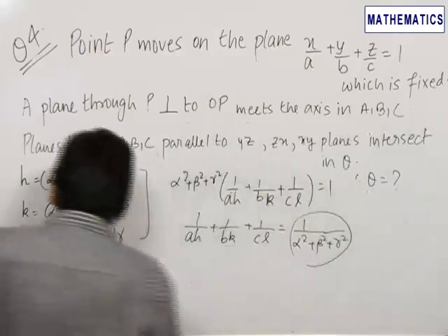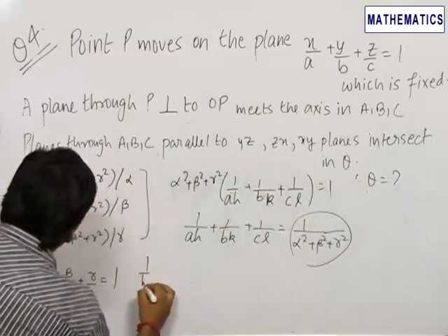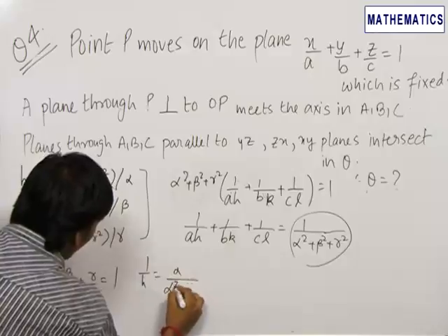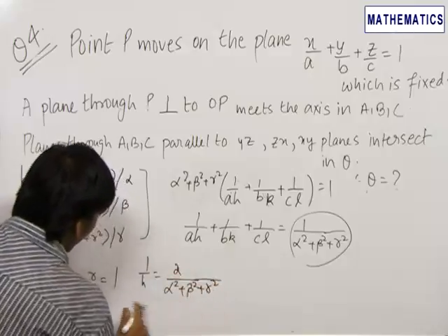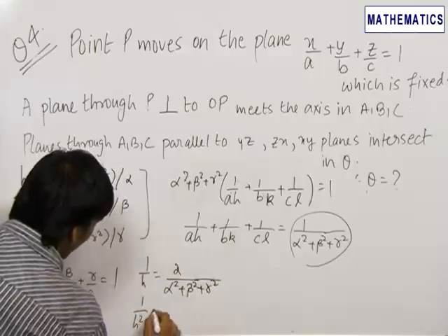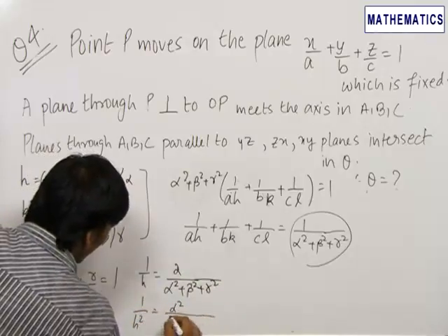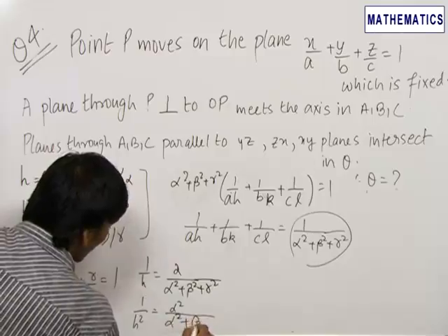If we write 1 upon h is equal to alpha upon alpha square plus beta square plus gamma square, therefore 1 upon h square is equal to alpha square upon alpha square plus beta square plus gamma square, whole square.